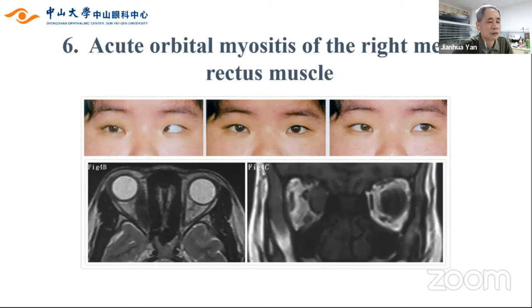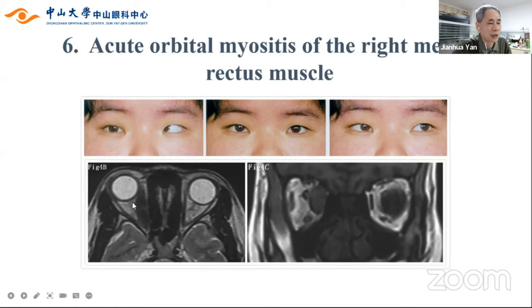Yeah, we look at the MRI scan of the orbit. Look at the medial rectus of the right eye. It's greatly enlarged, including both the muscle belly and the tendon.